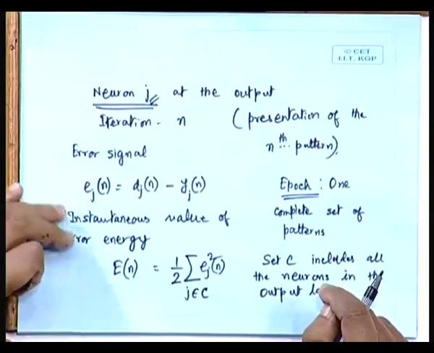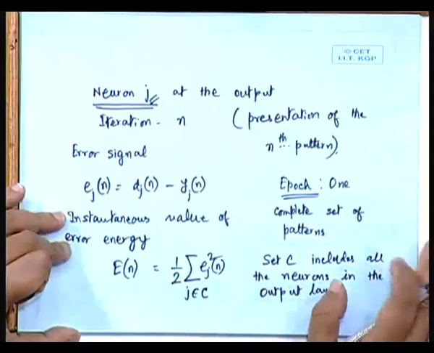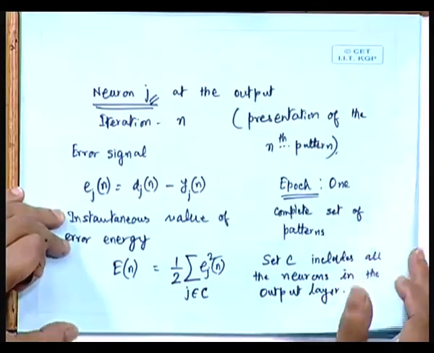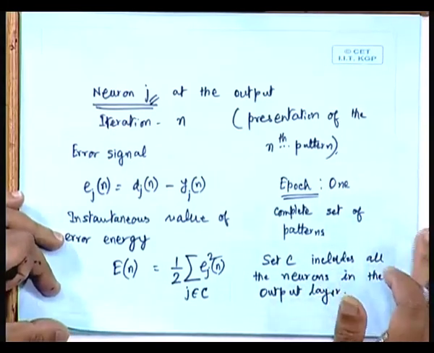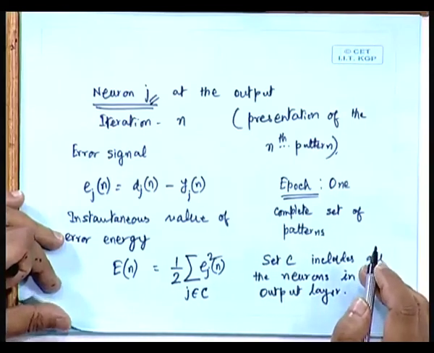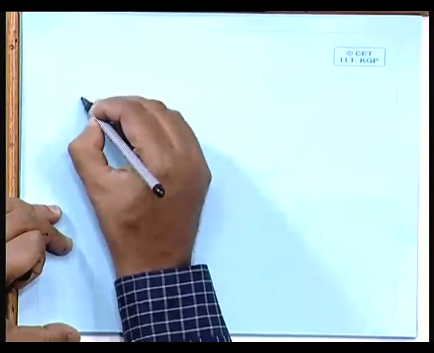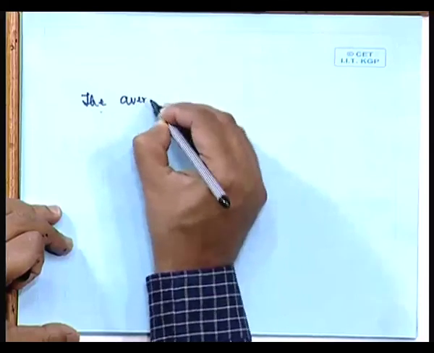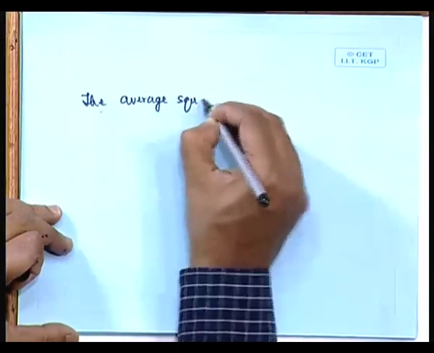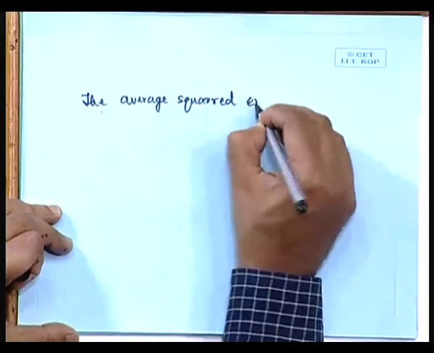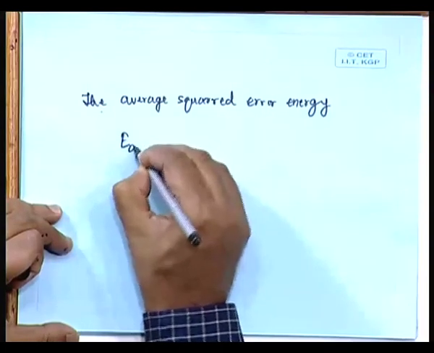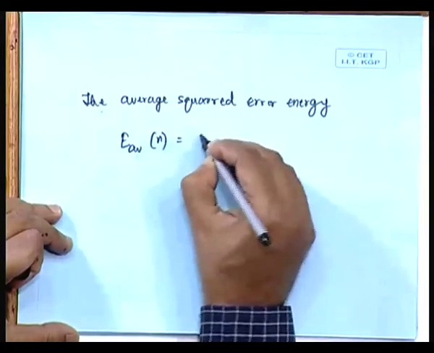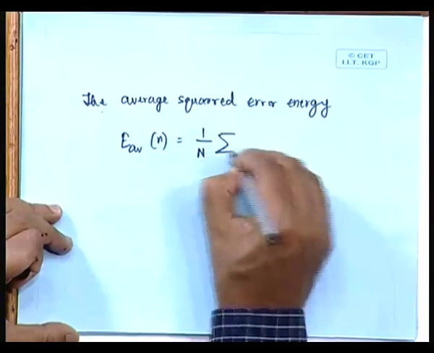Okay. So, having defined this, the average squared error energy, if we try to think of the average, then if there are capital N total training patterns, the average squared error energy, that is E av n, is equal to 1 upon N times the summation of E n.